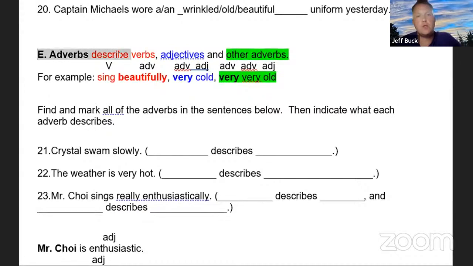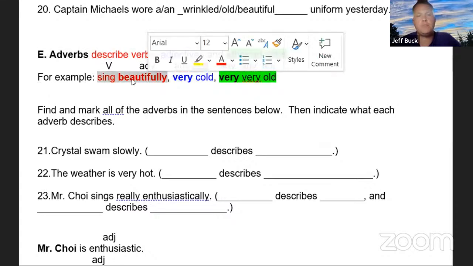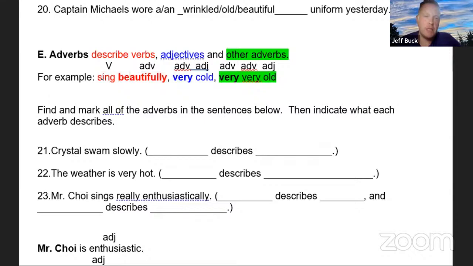Adverbs describe verbs, adjectives, and other adverbs. For example, they sing beautifully. Beautifully tells us about sing. Very cold. Cold is an adjective. How cold? Very cold. And other adverbs. Very, very old. Old is an adjective. How old? Very old. In fact, very, very old. We have two adverbs.